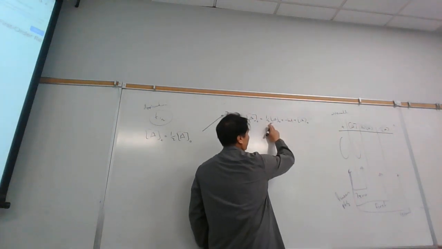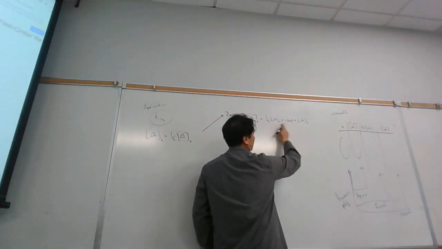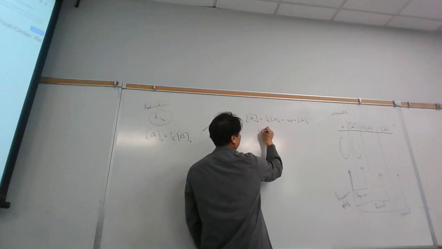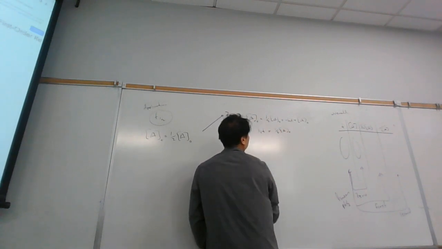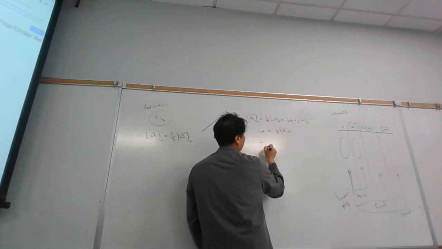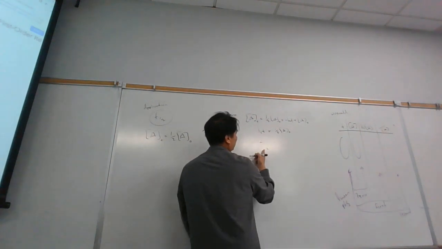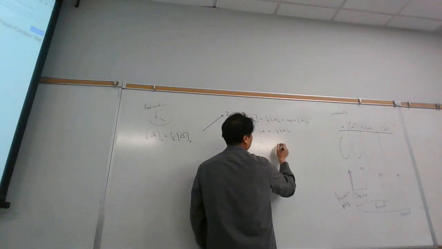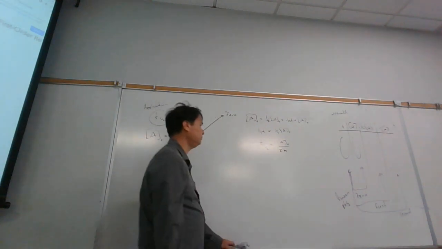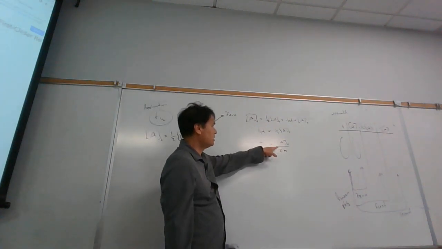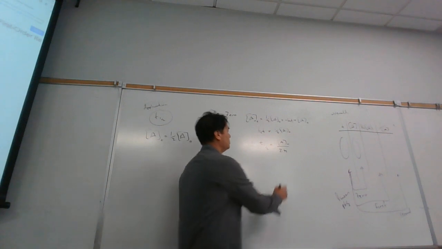So I'm going to subtract 1/2 A0 from both sides and add kt to both sides. So kt is equal to 1/2 A0. And then t 1/2, how long it takes for half of it, is going to be A0 over 2k. A0 is a constant, k is a constant. And so this is equal to a constant.